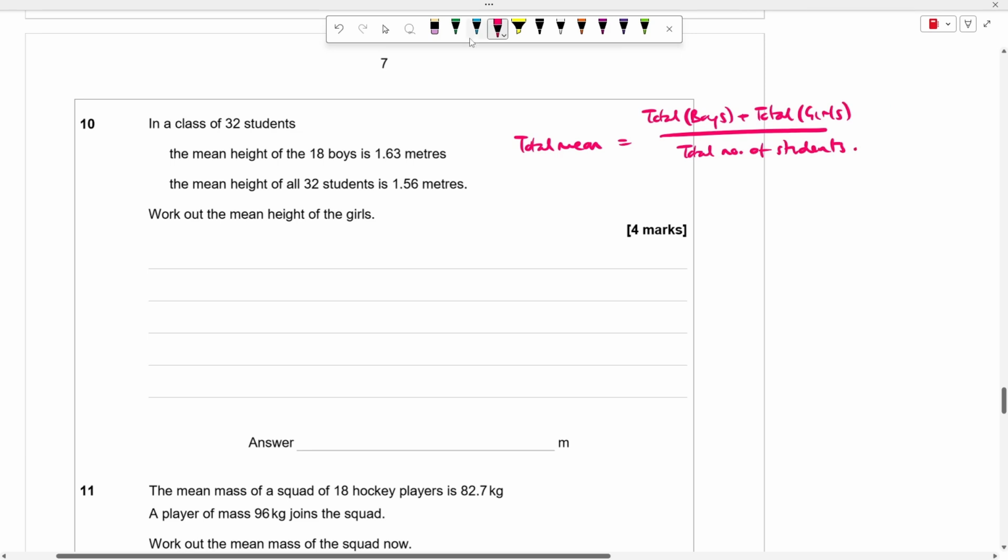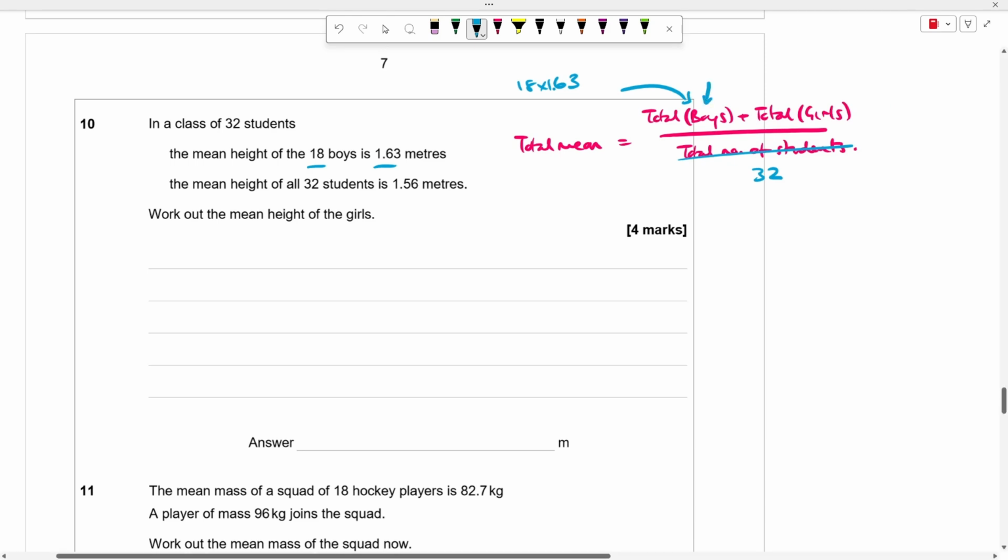So far we don't know any of this information apart from the fact that the number of students is 32. To work out the total of the boys, I multiply 18 by 1.62. If I type 18 times 1.62 into my calculator, it gives me an answer of 29.34.